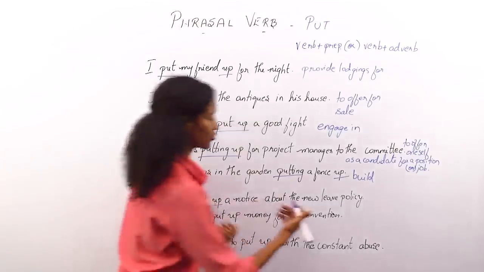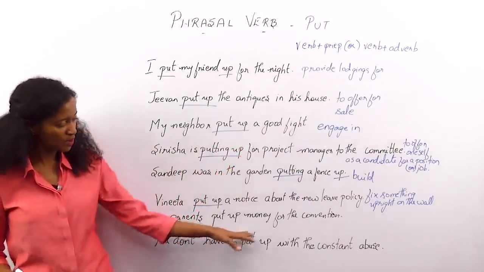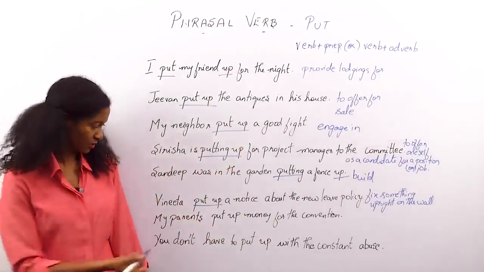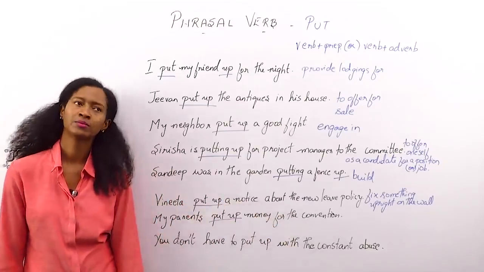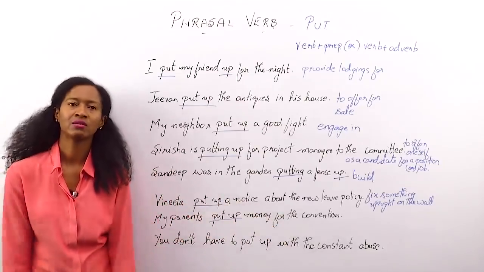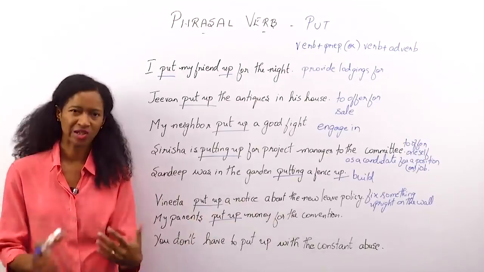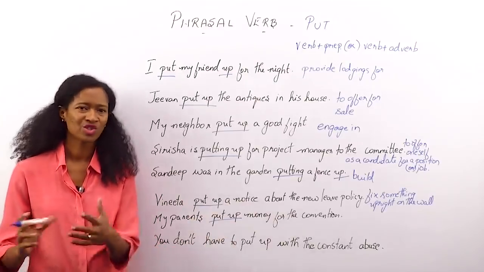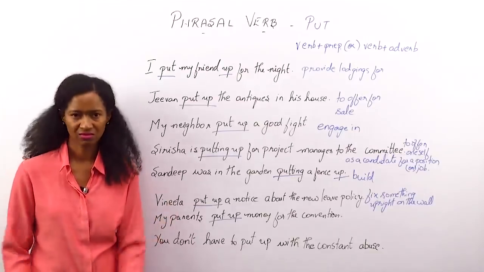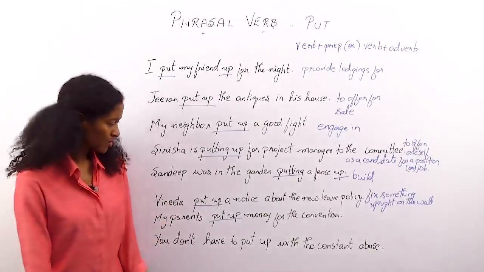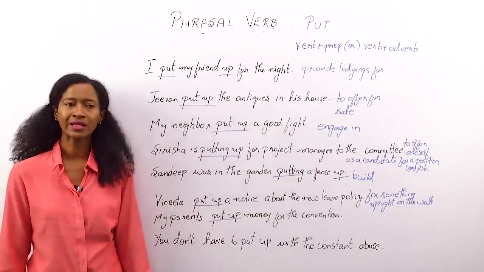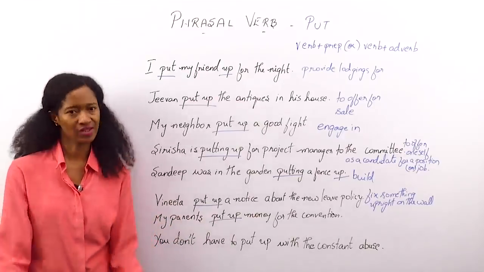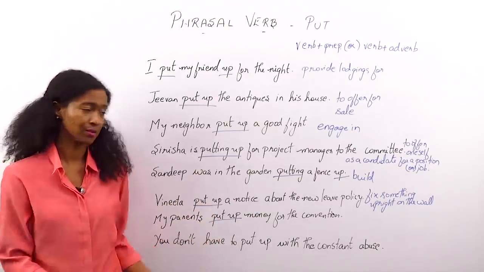So to fix something. My parents put up money for the convention. Convention is basically an assembly or a gathering for a particular purpose, usually political or church or some fraternal thing, okay? So put up here means providing funds in advance for that particular gathering or assembly.